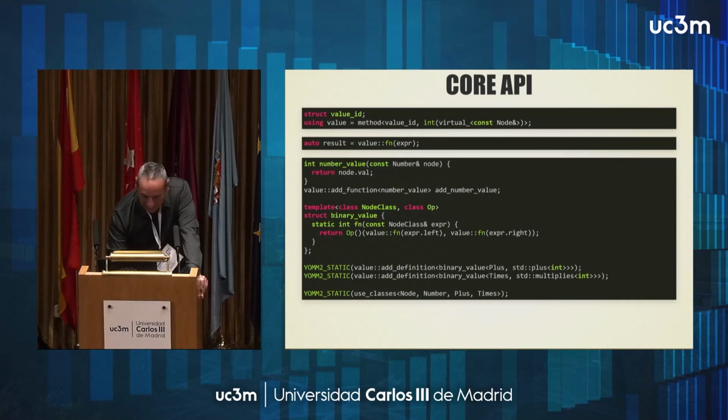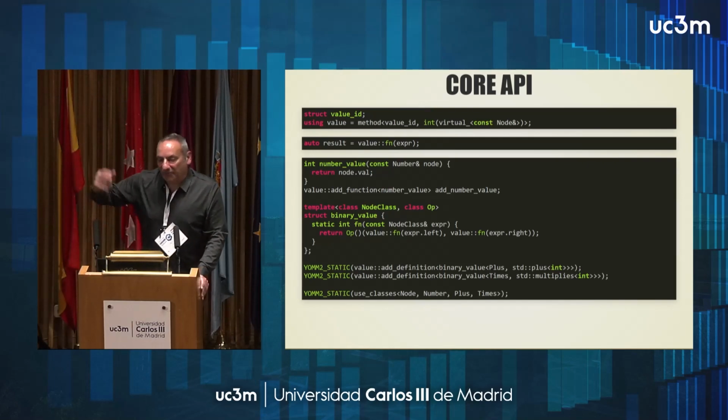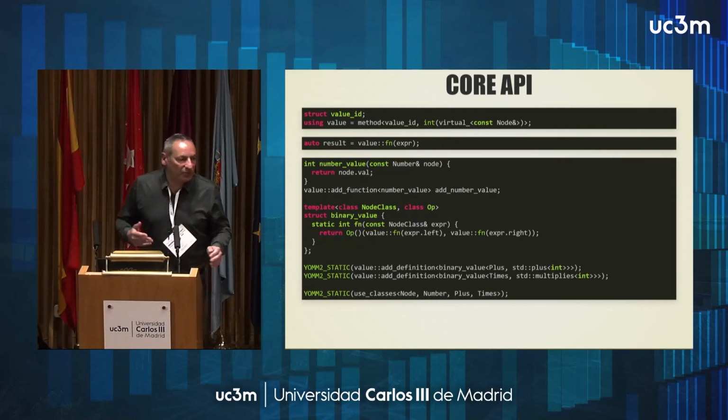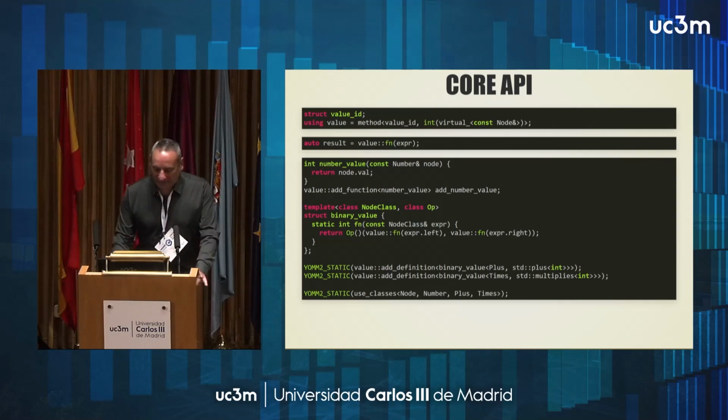To register a function, you need to create a static object of that type. But the name is really not important. So YOMM2 has a convenience macro that you can use unless you really hate macros. And that simply creates an obfuscated identifier based on counter, so you don't have to invent a name each time. But you can perfectly well use the core API without using that YOMM2 static macro.